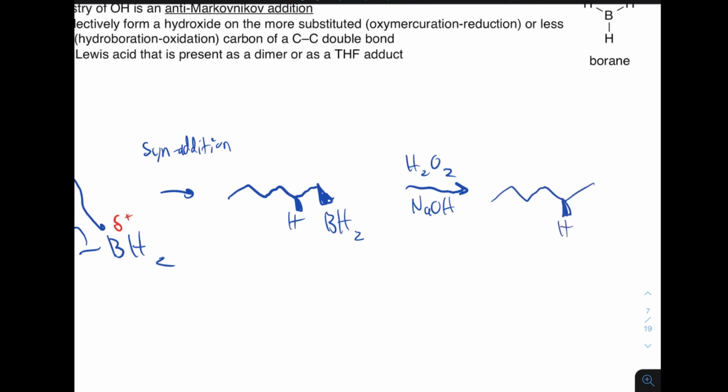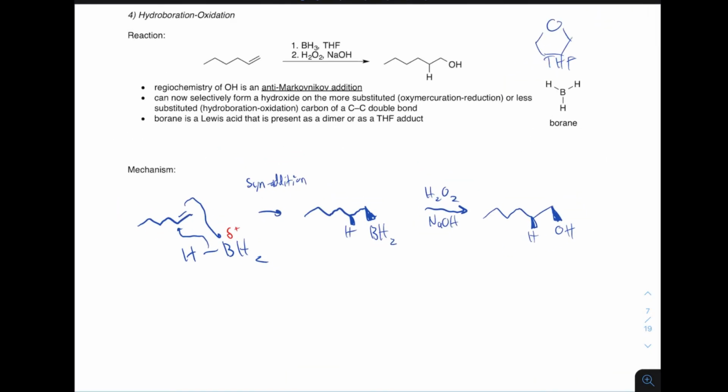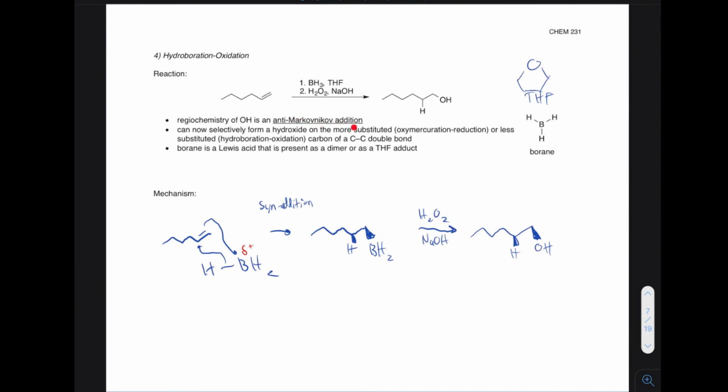So not through an SN2 attack, but through an interesting exchange, which your book covers, but I won't cover here because it's a long 7 or 8 step mechanism. But in essence, BH2 just replaces itself with OH. Okay, and that's all you really need to know. So again, in essence, hydroboration oxidation is an anti-Markovnikov addition of alcohol.